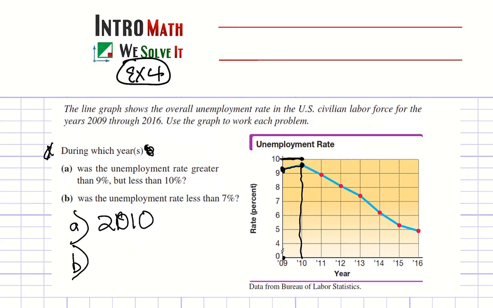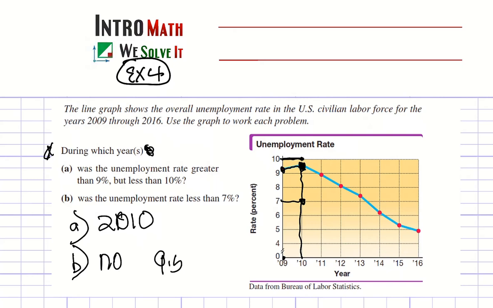Hang on a minute. Was it less than 7? The unemployment, no, it's actually not, 7 is over here. It wasn't less than 7%. It was more. So the answer is no, because the unemployment rate in that particular year is about 9.5%.